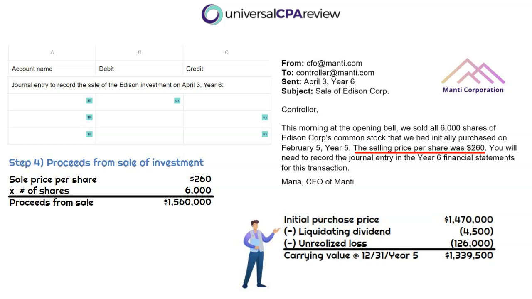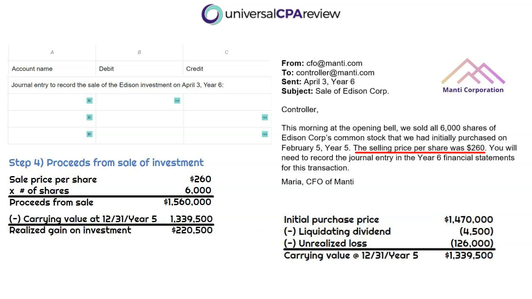But then remember, we had that liquidating dividend, and $4,500 reduced that amount. And then we also just had that unrealized loss at the end of December 31st, year 5, right? So we have to also subtract $126,000. So that means as of December 31st, year 5, the carrying value or the fair value on this balance sheet was $1,339,500.